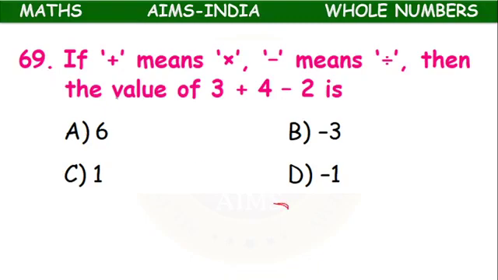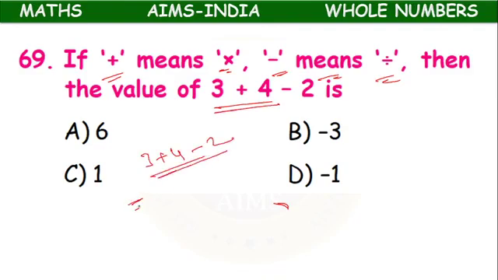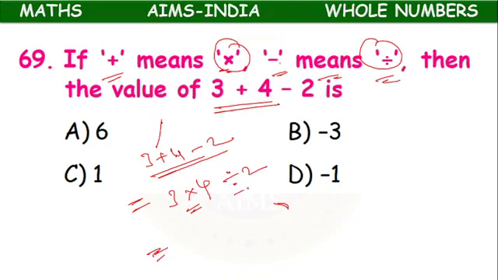Next question. If plus means into, minus means divided by, then find the value of 3 plus 4 minus 2. Plus means into, so in the place of plus we keep into, and minus means divided by. So we have 2 operations, multiplication and division together.